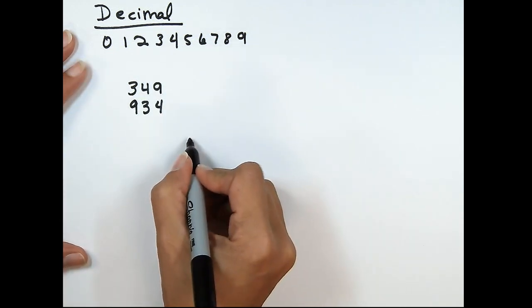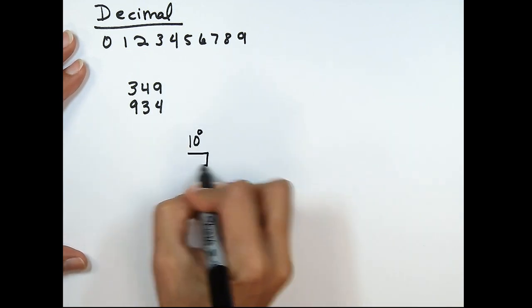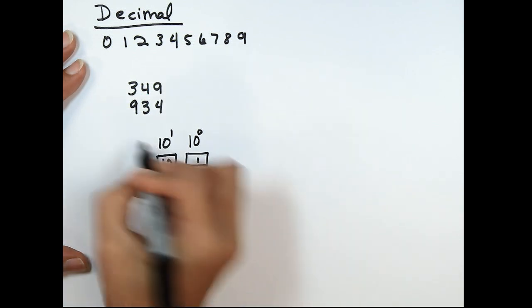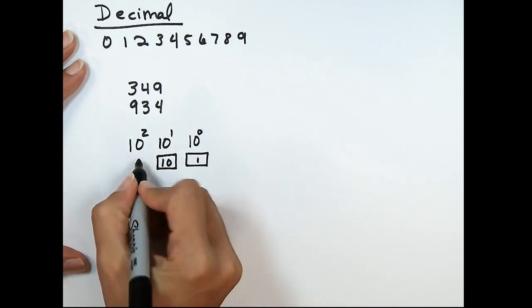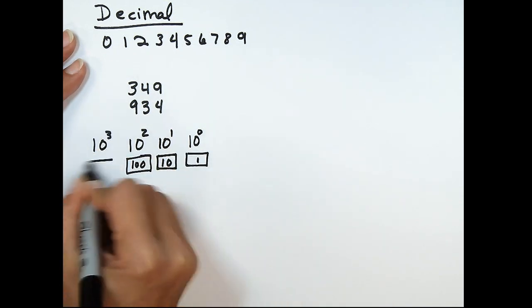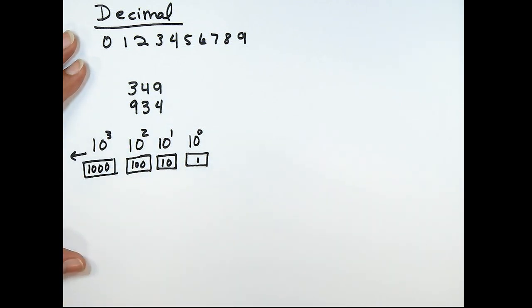So for example, the decimal number system has 10 different characters. 10 to the 0 is 1. 10 to the 1 is 10. 10 to the 2 is 100. 10 cubed is 1,000. And it goes on to infinity as high as you want to count.